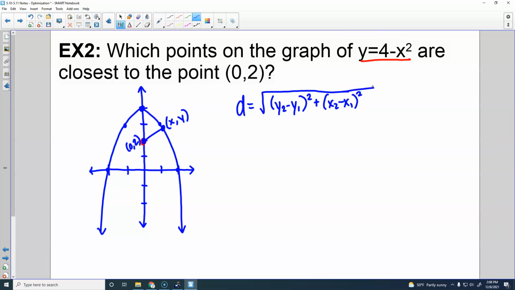Or your x's can be first. It doesn't matter if you write your x's first. It does not. Because of that plus sign right there in between.